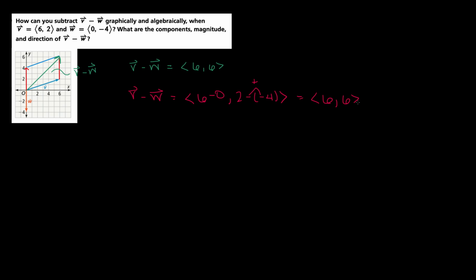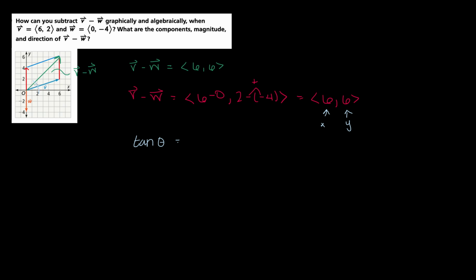Now the direction. Now we need to know what the direction is. And we've talked about the direction before. We've seen it in other examples. We're going to use the inverse tangent or the arctangent to find the direction. I'm going to take each of these components. Remember, this is y, this is x, tangent theta.